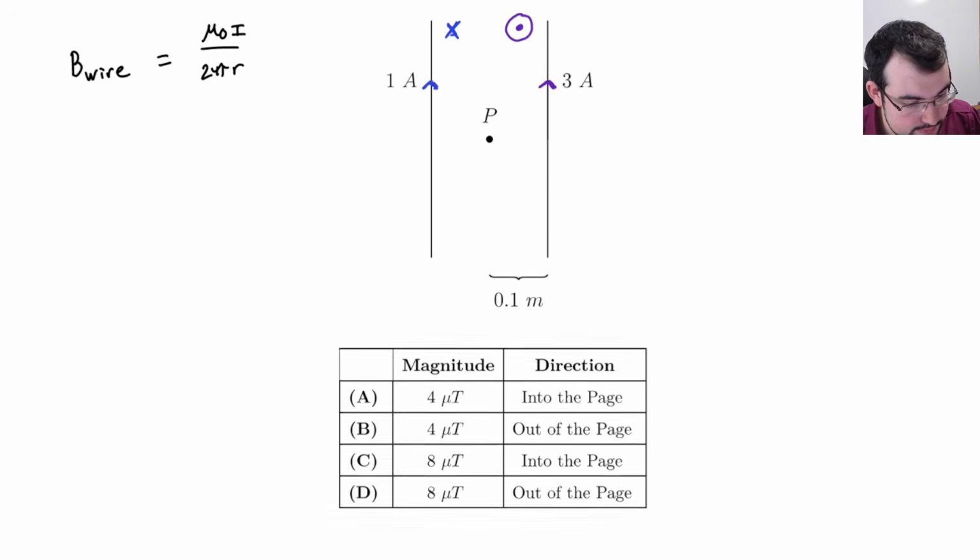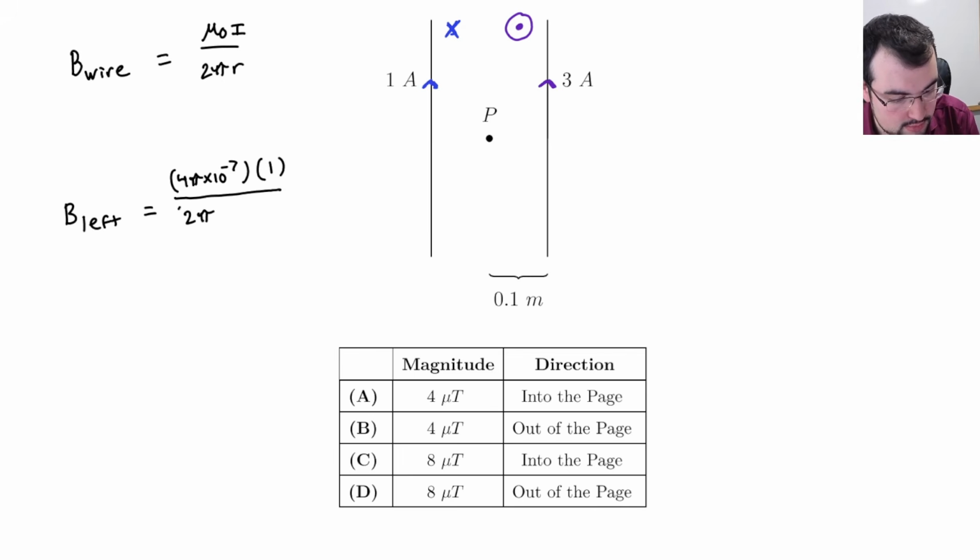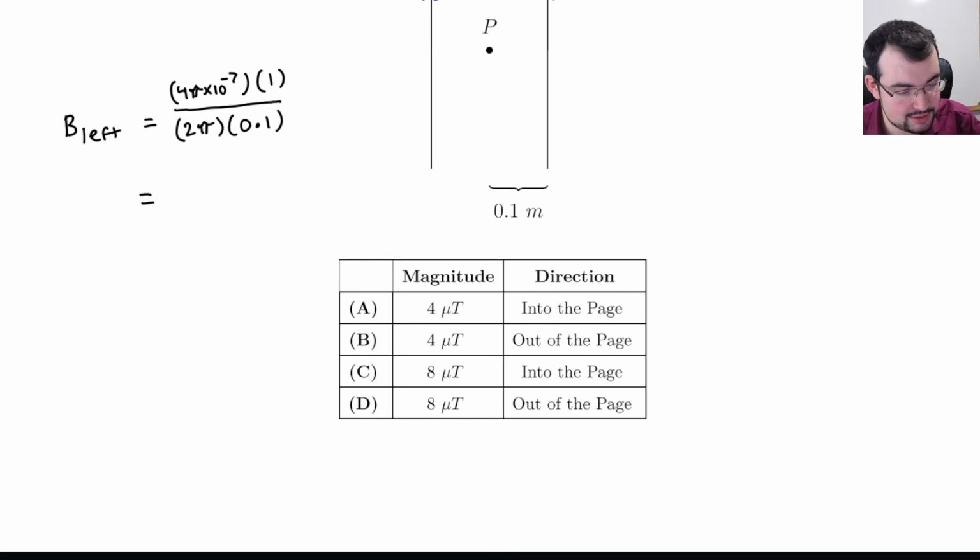So we can say that B of the left wire is going to be mu naught, which is 4 pi times 10 to the negative 7th, times I, which is 1 amp, divided by 2 pi times R, which is 0.1. And notice the 2 pi's are going to make 2, so I get 2 times 10 to the negative 6th. So this would be 2 microtesla.